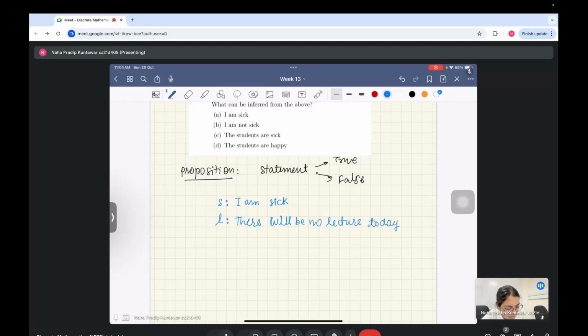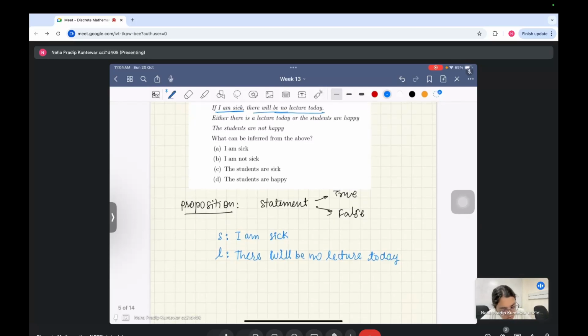Let me write down all the propositions here. Maybe I'll not negate it in the first place. I'll say there will be a lecture today, so that if I want to say that there will be no lecture today, I'll simply write it as a negation, and that will do the job.